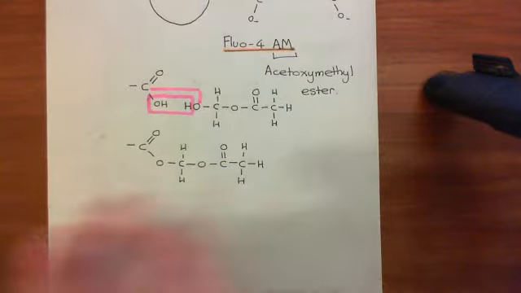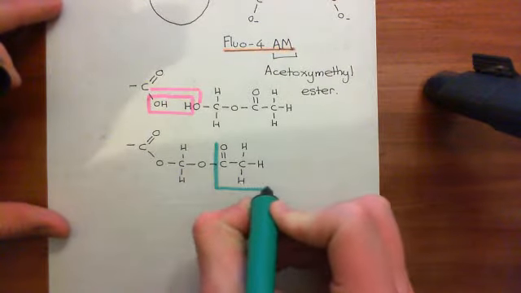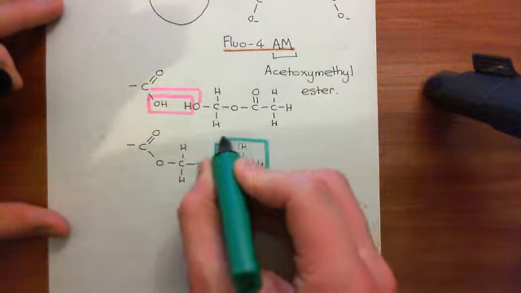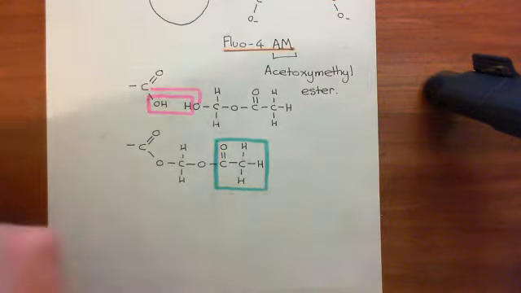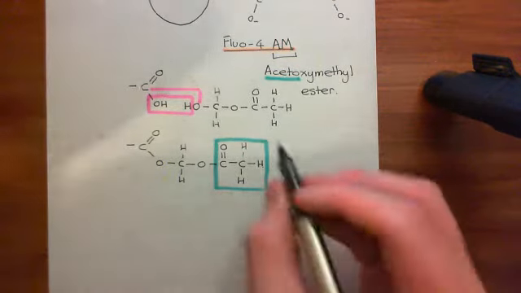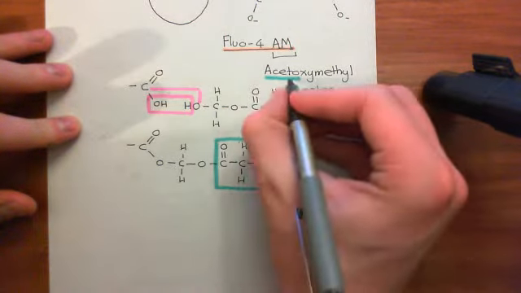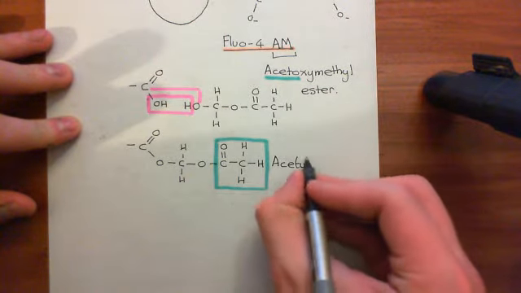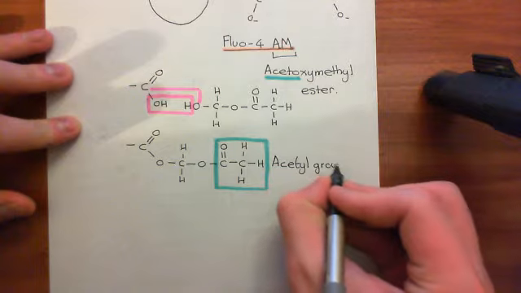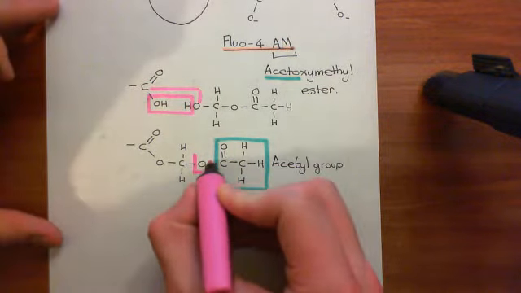Let me make sense of the name for you. This group here, which consists of a carbonyl group with a methyl group, is the acetyl group. So the aceto here means that we've got this acetyl group. Then you have the oxygen in the middle, here in purple.